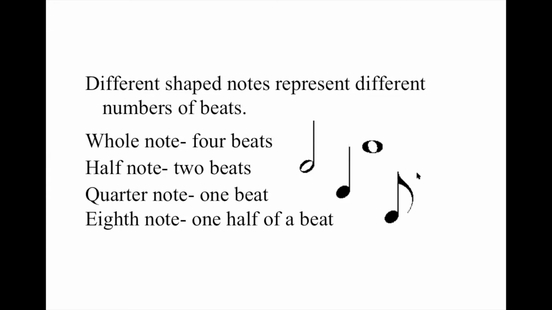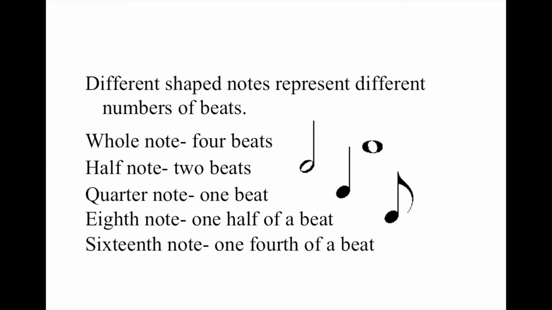You'll see those later. These are still 8th notes that get 1/2 of a beat. And then we can continue to add beams or flags to make it even smaller. This is a 16th note, and you can have 32nd notes or 64th notes, getting even smaller divisions of the beat.